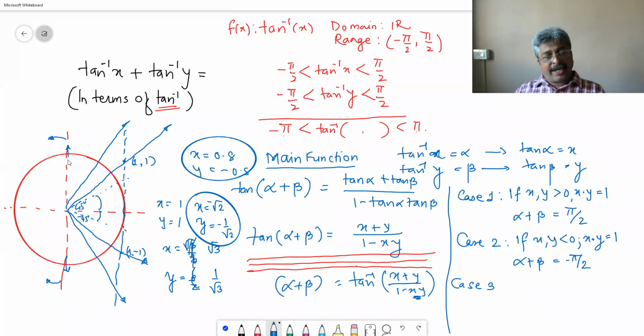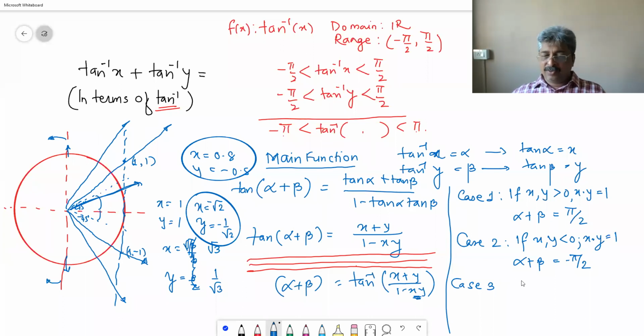Suppose 0.5 into 0.5, or 0.5 into 0.2, or 0.75 into minus point something, whatever calculations you do, and corresponding graphs if you study, if xy is less than 1, you are safe.